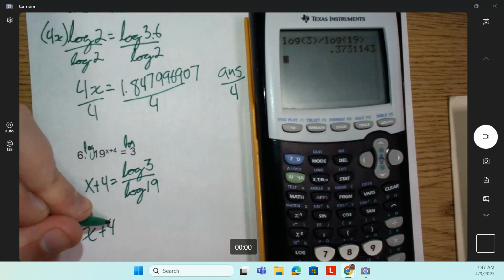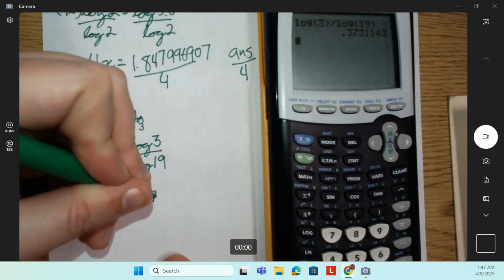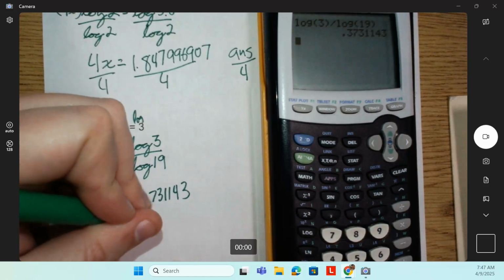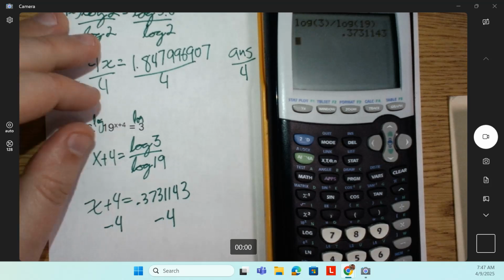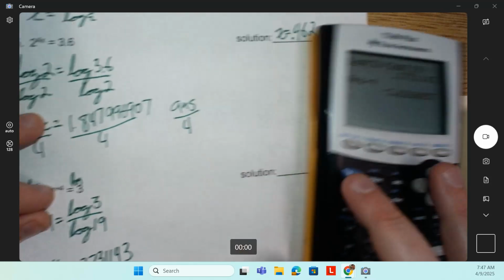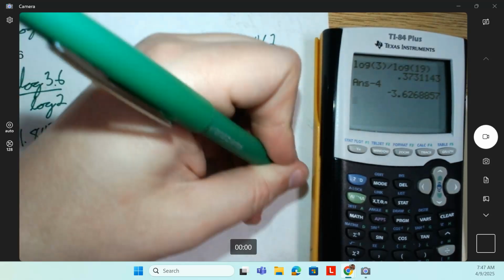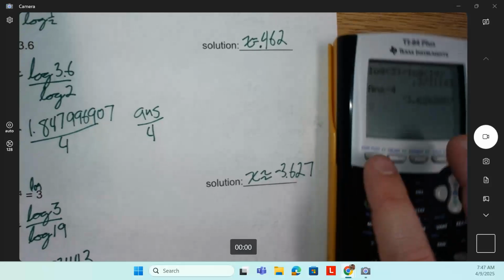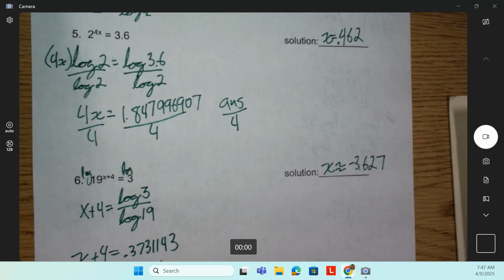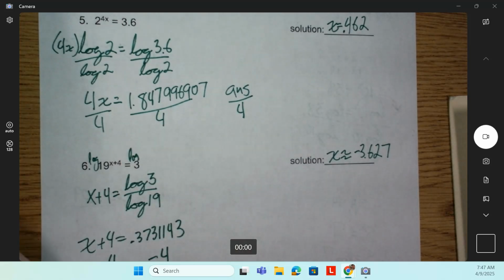So x plus 4 equals 0.373143. And I need to subtract 4 from that, but I'm just going to do answer minus 4. And we get our answer. So x is about equal to negative 3.627. Okay, so just some basic algebraic processes there to go through along with our logarithmic functions. Just make sure we don't get mixed up or tripped up as we go along.